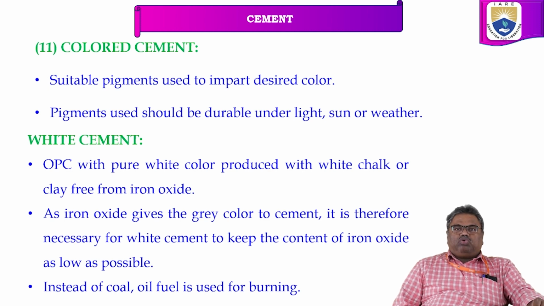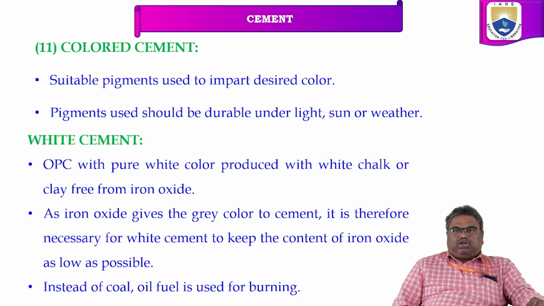White cement is OPC with a pure white color, produced with white chalk and clay free from iron oxides. As iron oxide gives the gray color to cement, it is necessary for white cement to keep the iron oxide content as low as possible.